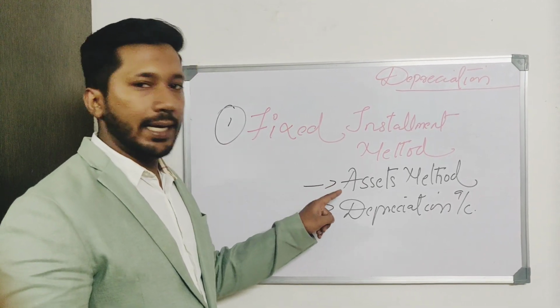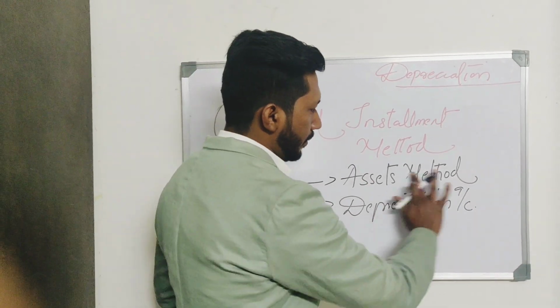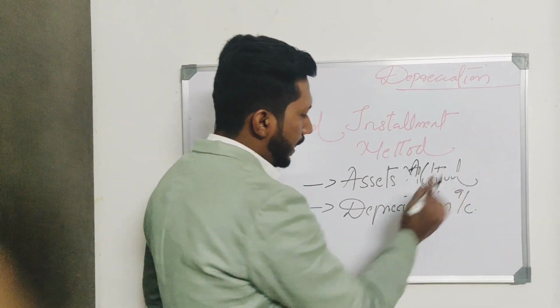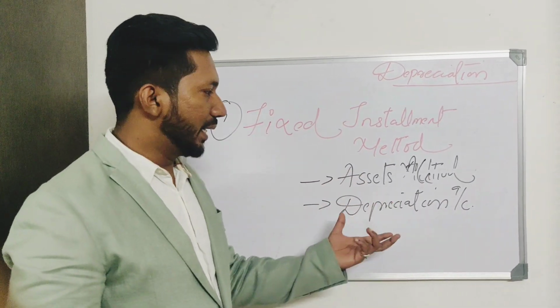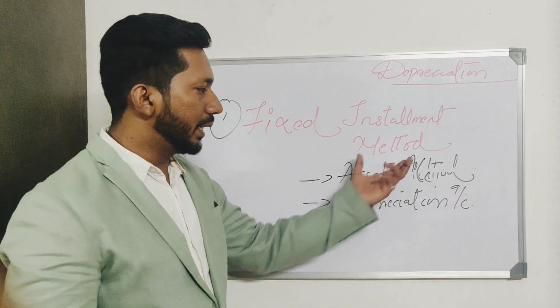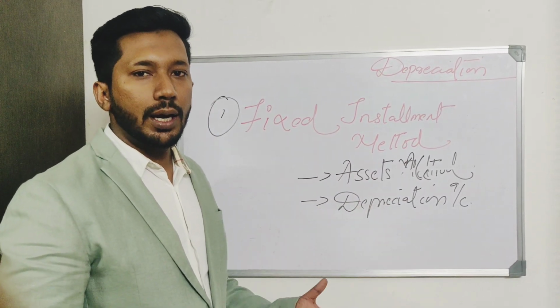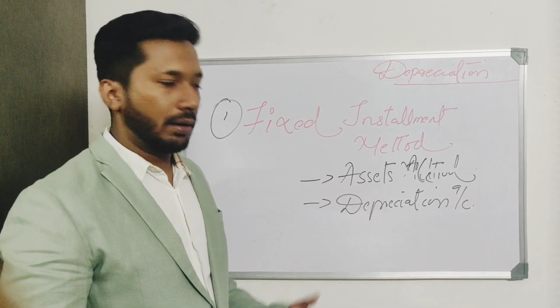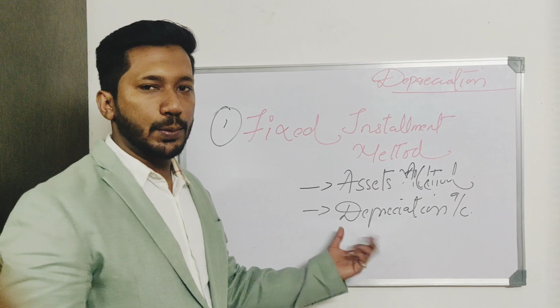One is the asset account, and any particular asset given in the problem, for example machinery account, motor car account, computer account, etc.